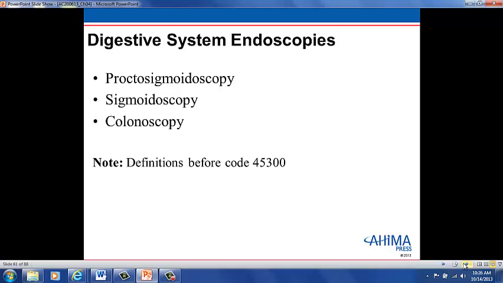Indications for performing lower GI procedures include an abnormal barium enema, lower GI bleeding, iron deficiency anemia of unknown etiology, and diarrhea. When coding a colonoscopy, the coder must review the op note to determine the approach through an existing colostomy or the rectum.